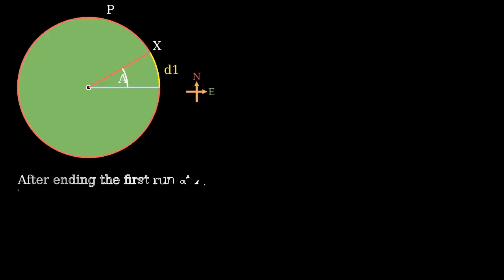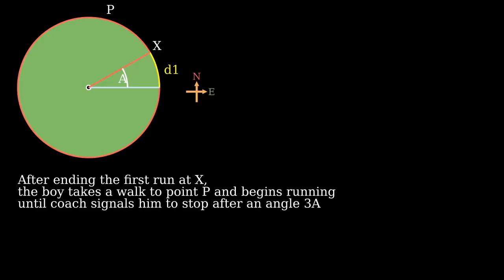It seems so, but let's get our intuition on firmer footing. After ending the first run at X, the boy takes a walk to point P and begins running until the coach signals him to stop after an angle 3A.